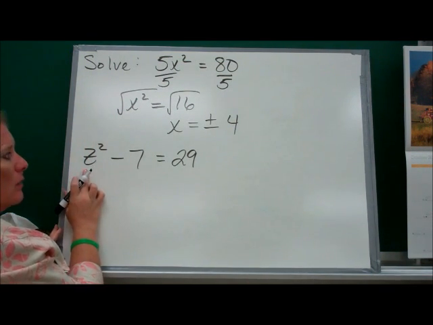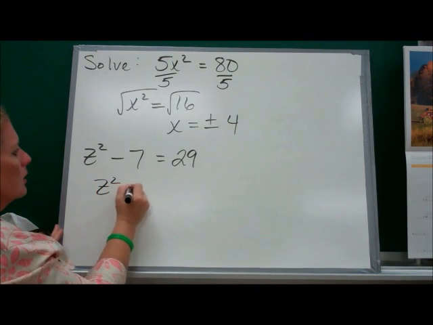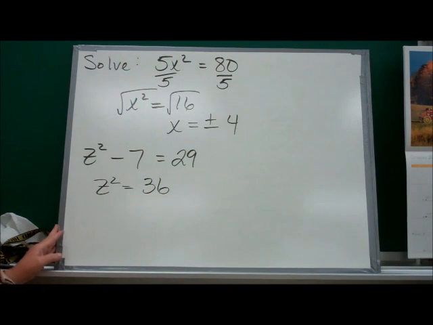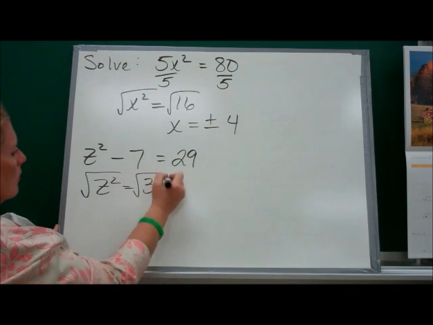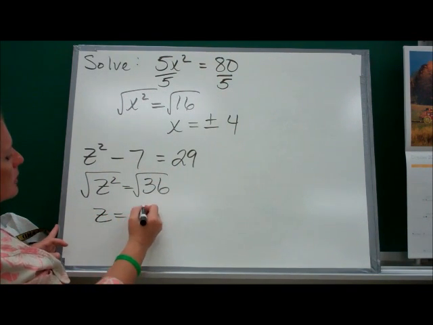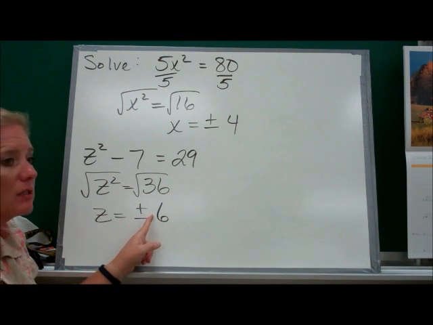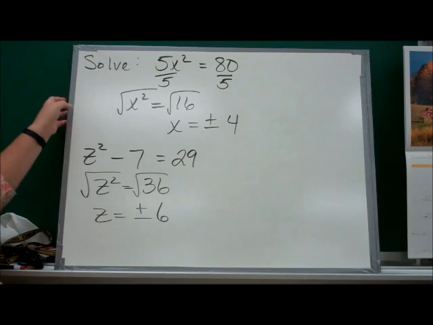Get the z squared by itself by adding 7 to both sides. So z squared equals 36. Take the square root. So z equals plus or minus 6 because positive 6 squared is 36 and negative 6 squared is 36.